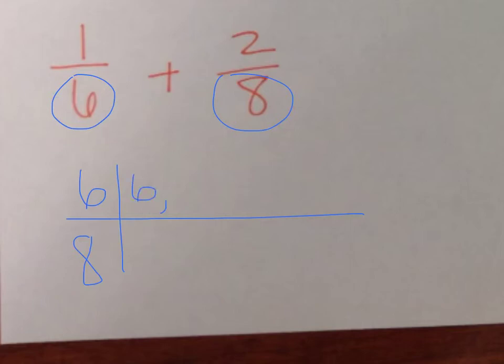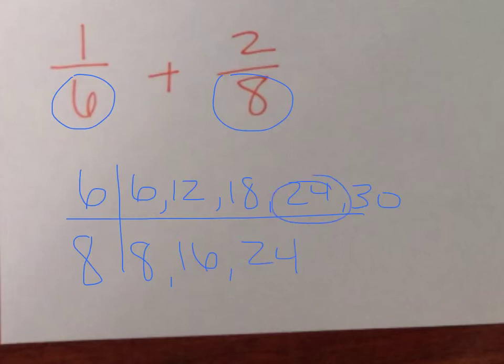So we have 6, 12, 18, 24, 30. Again, if we need to go farther, we can, but let's go ahead and try the 8. So we have 8, 16, 24. Right off the bat, we already see that we have 24 as our common multiple.